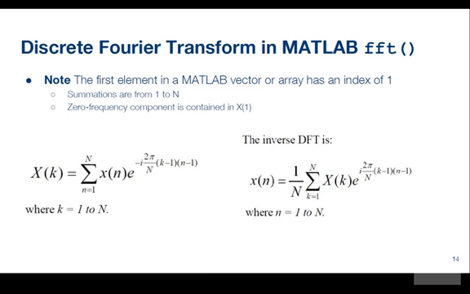It doesn't make any real difference, but it means our summation starts at n equals 1 and goes up to n rather than 0 to n minus 1. The 0 frequency component is contained in the first element of this transformed array. And the inverse discrete Fourier transform is given by this.